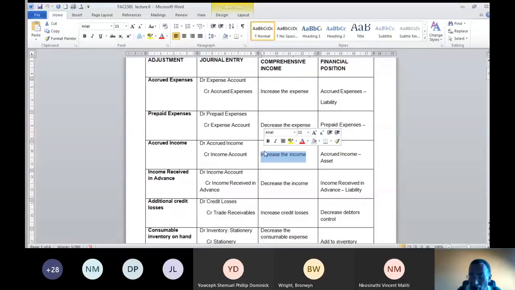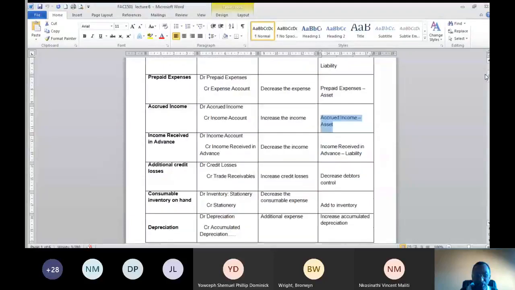So when you do your financial statements, you will have to show that your income is actually for the 12 months, which is the amount in the trial balance plus the adjustment. Okay. And when you do your statement of financial position, accrued income will fall under your current assets.